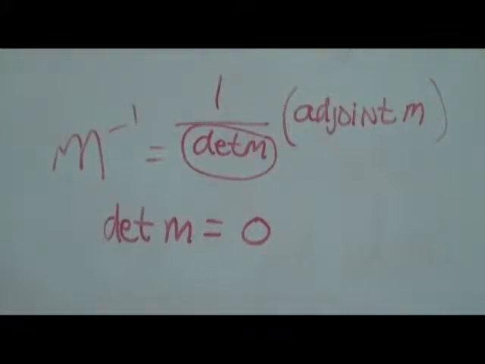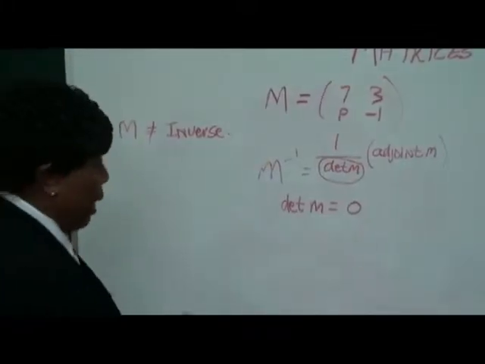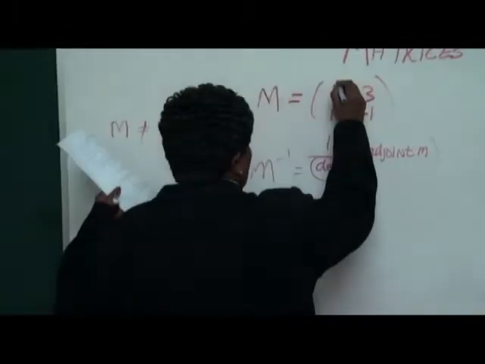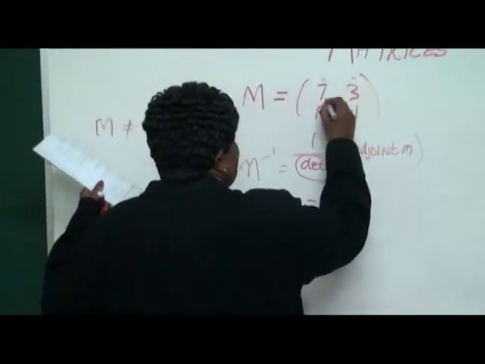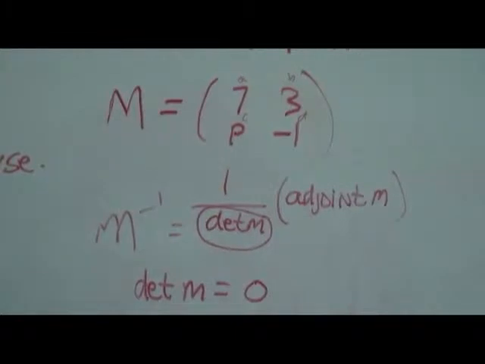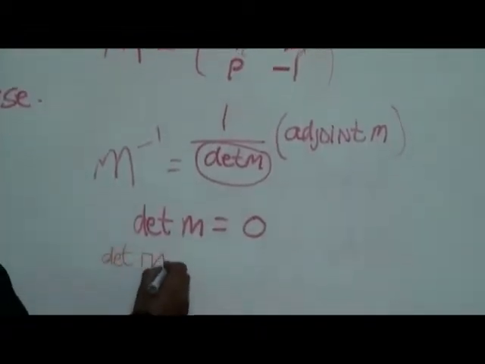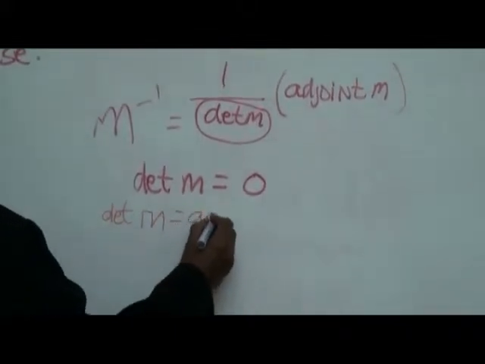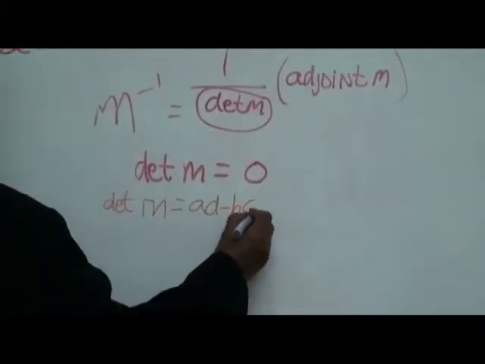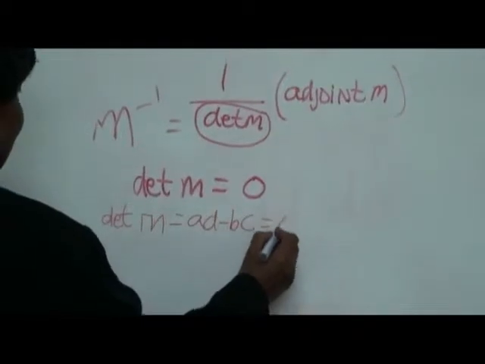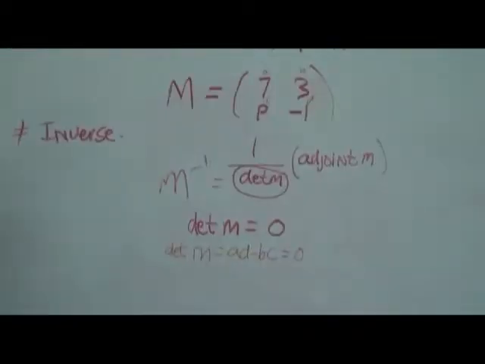We will remind you too that we have our little things, and we're accustomed to call them A, B, C, and D. And we have given ourselves an expression to say that our determinant M is equal to AD minus BC. And that is what we're saying is equal to 0.